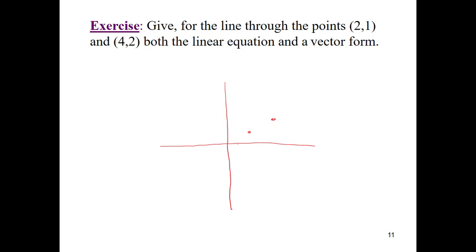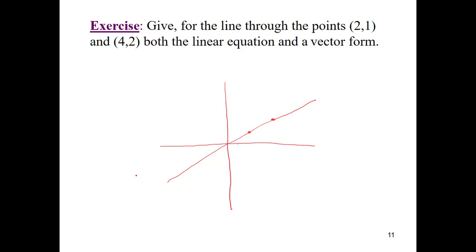Then the line which goes through these points is the line given with the help of those two elements. Now we have two ways of making this line visible in a mathematical notation. We can do the vector form notation, or we can do the equation.